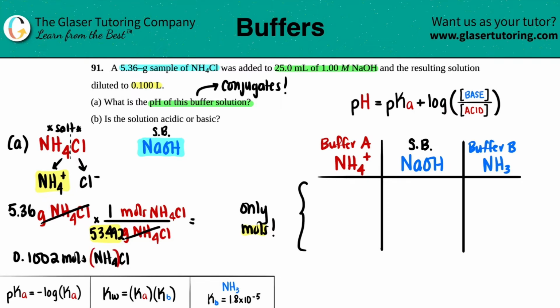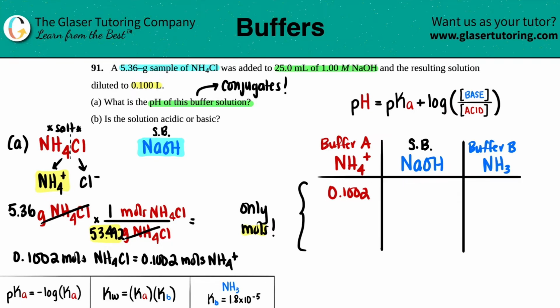There was no parentheses saying that there were 2 of them, or 3 of them, or 4 of them. So it's a 1-to-1 ratio. For every 1 mole of NH4Cl, there's only 1 mole of NH4. So the number would be the same. Don't you love it when it's a 1-to-1 ratio? So this is now just the moles of NH4 plus, and that's the number that now goes on the top here.